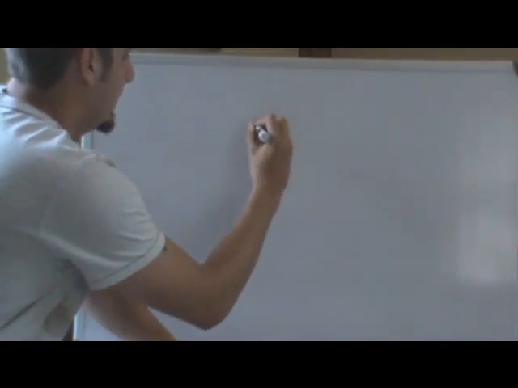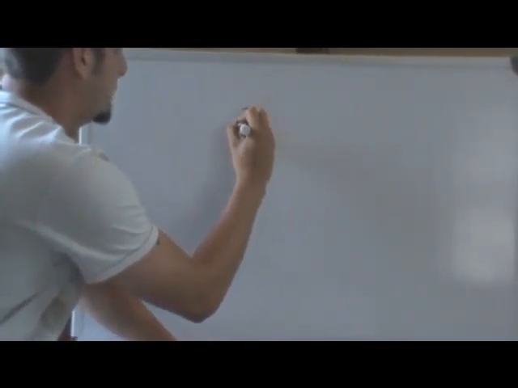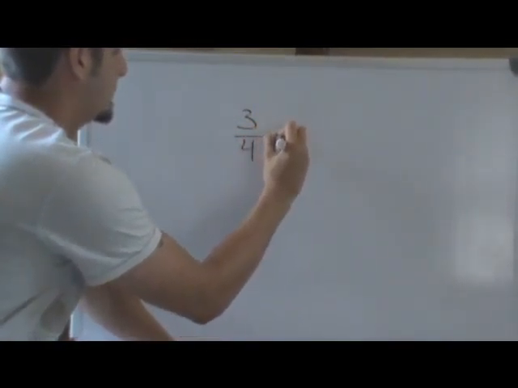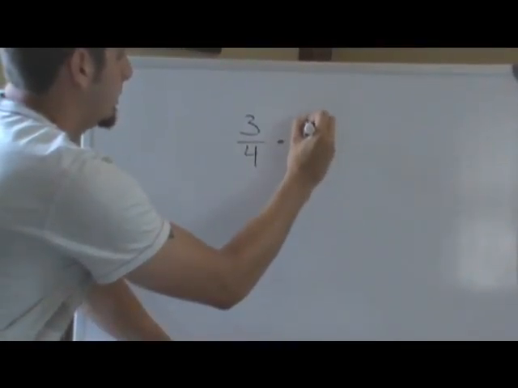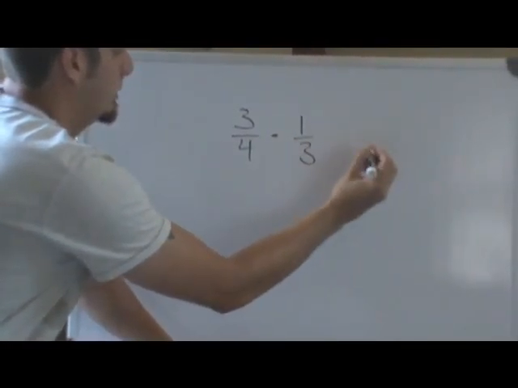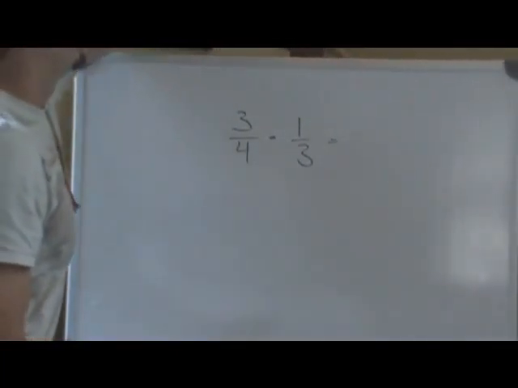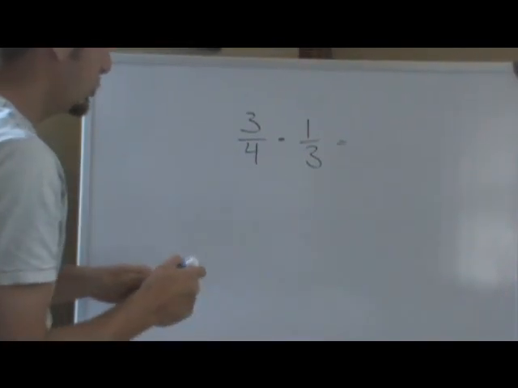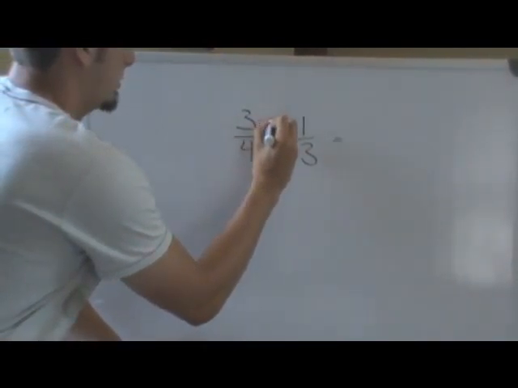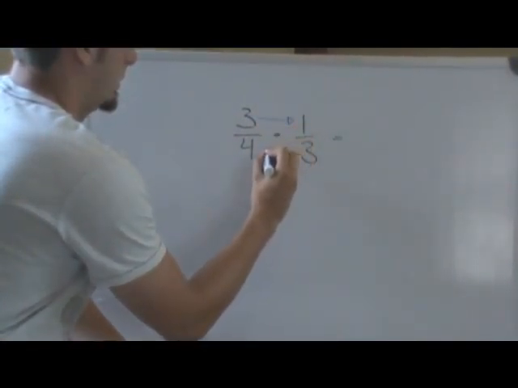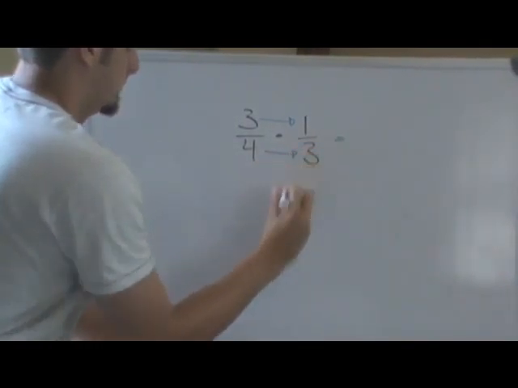If, for example, I have 3/4 times 1/3, you just simply multiply straight across. So I'm going to do 3 times 1, and I'm going to do 4 times 3.